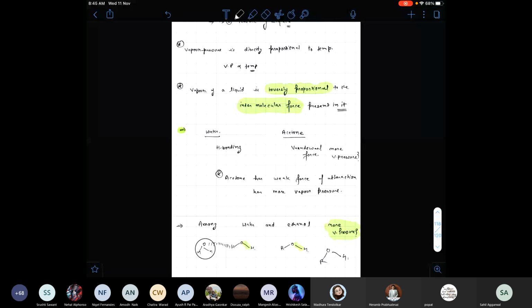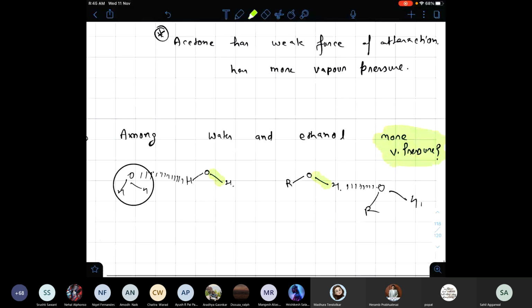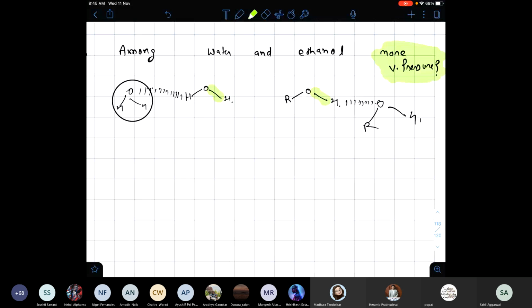You tell me which will have more hydrogen bonding, alcohol or water? See, this hydrogen can have hydrogen bonding like this.